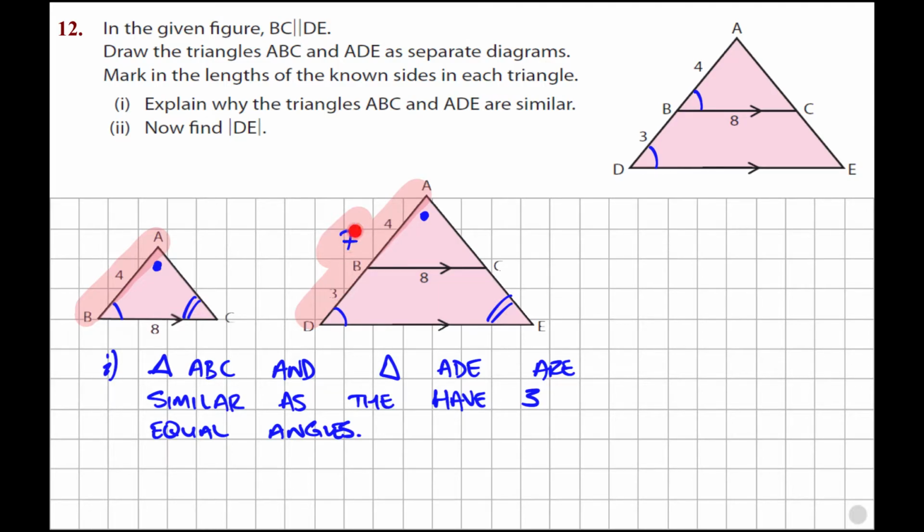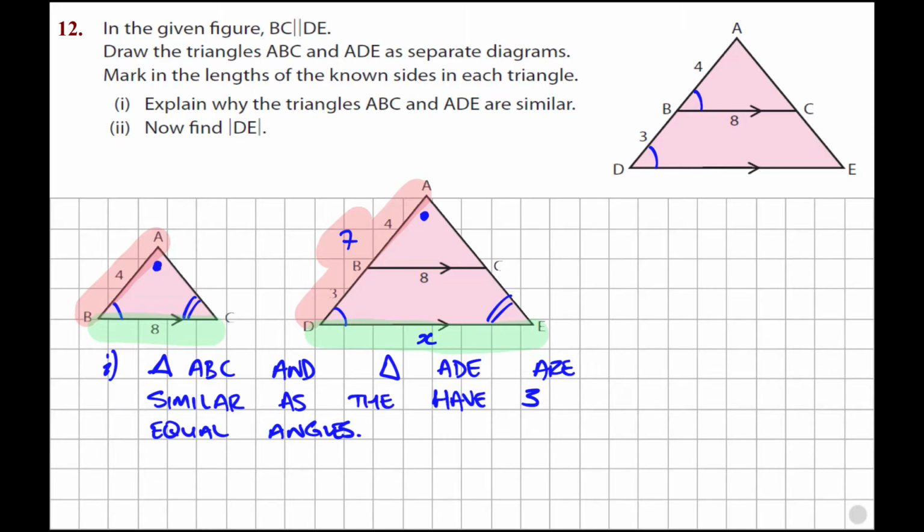So the length of AB is 4, the length of AD is 7. They want us to find this length here, so I need to map on my sides. The two sides that I'm going to map together are 8, and I'm looking for this side here, so I'm going to call that X.